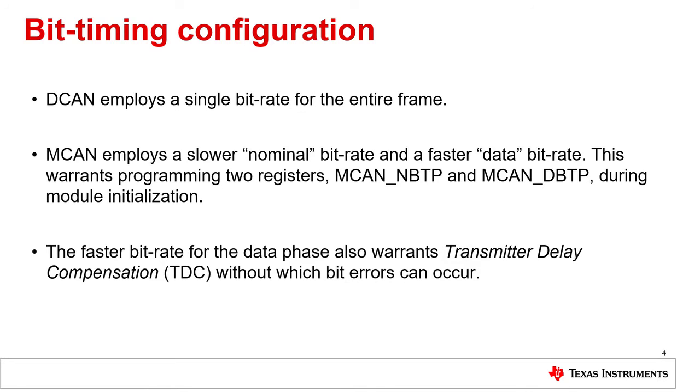In the MCAN module, these two bitrates are configured by writing to the NBTP and DBTP registers respectively during the module initialization. Note that an application can choose to only take advantage of the higher number of data bytes per frame that can be transmitted in CAN-FD and use the same bitrate for the entire frame. The faster bitrate for the data phase also warrants transmitter delay compensation, without which bit errors can occur.